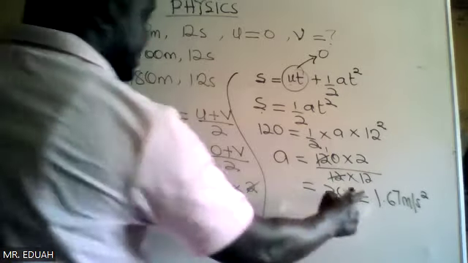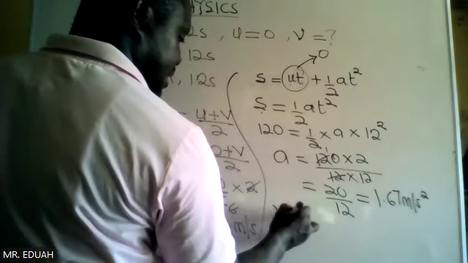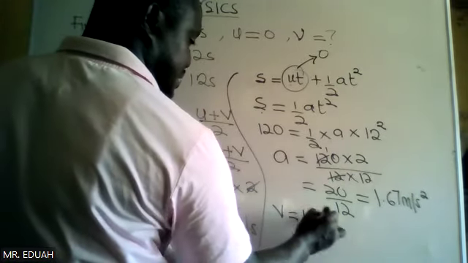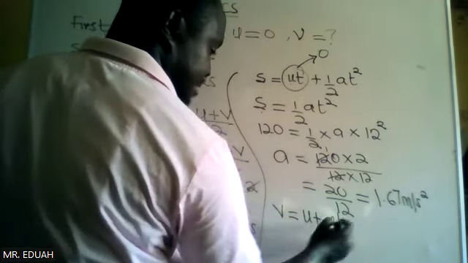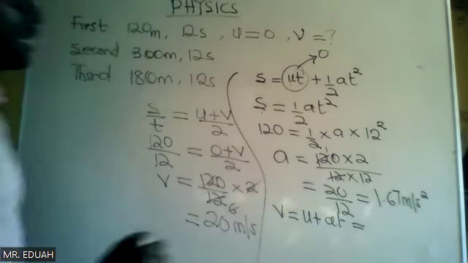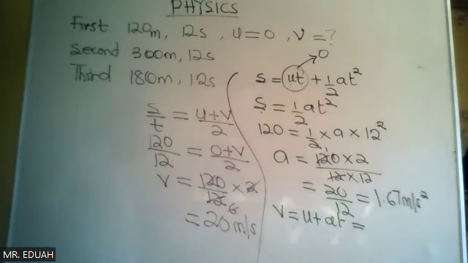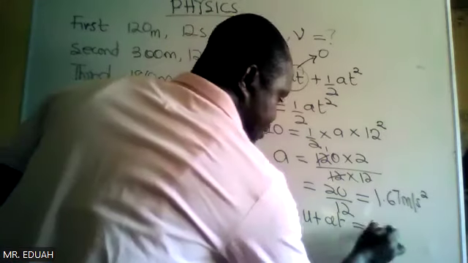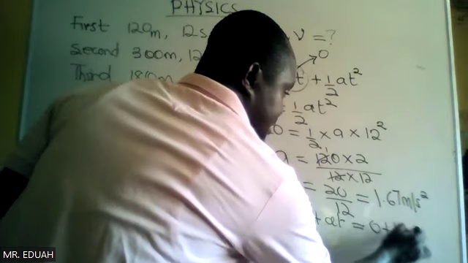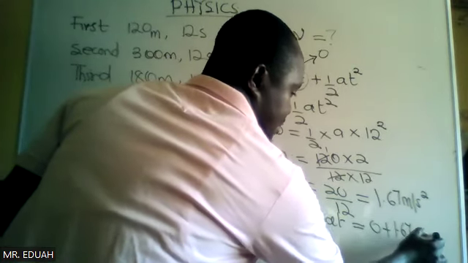So if this is the acceleration, then V is equal to U plus AT must give me the final velocity during the first part. So 0 plus 1.67 times 12.